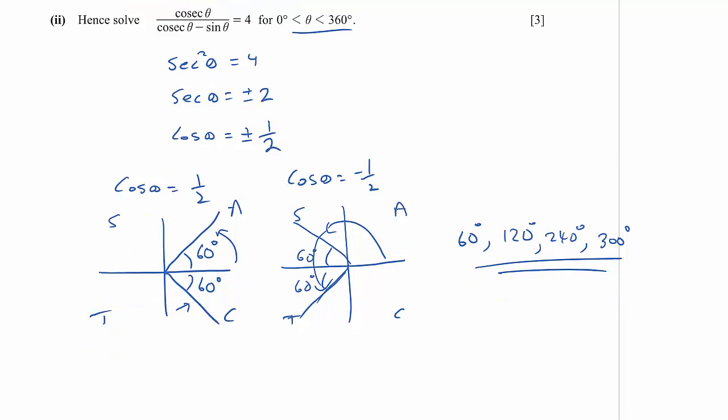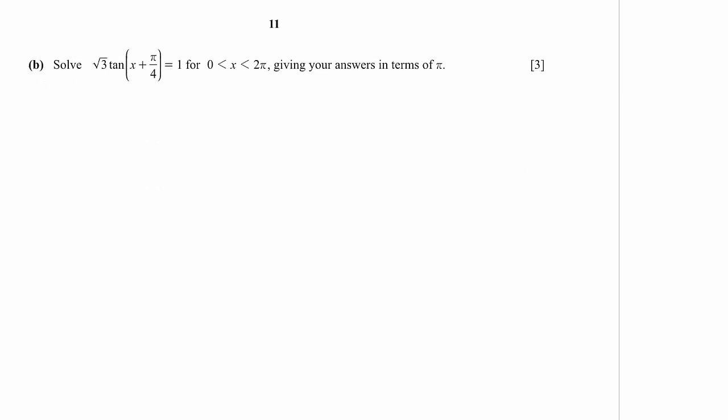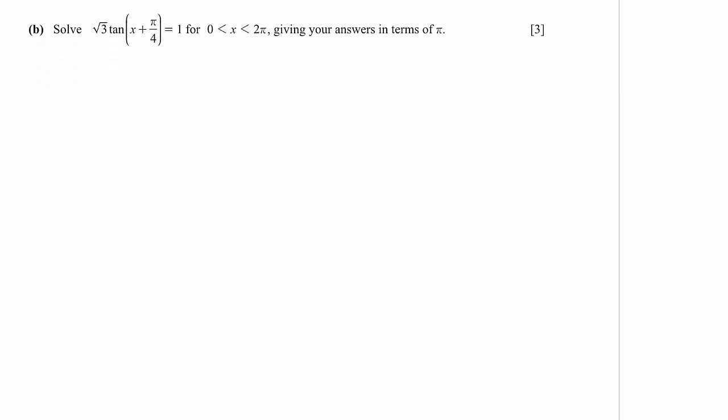Okay, moving on. We want to solve root 3 tan of x plus pi by 4 equals 1. So that's tan of x plus pi by 4 is equal to 1 over root 3. And again, that's a standard angle.